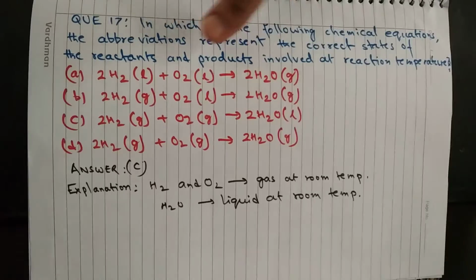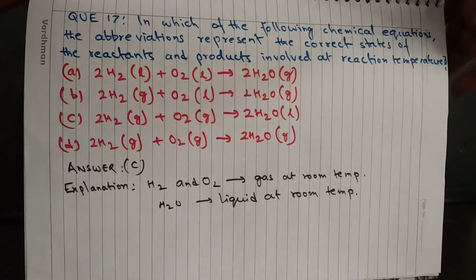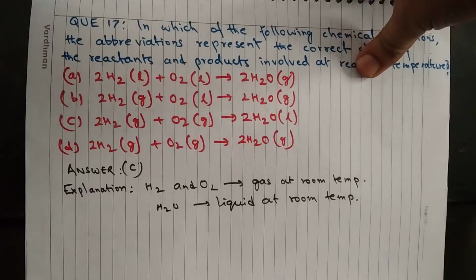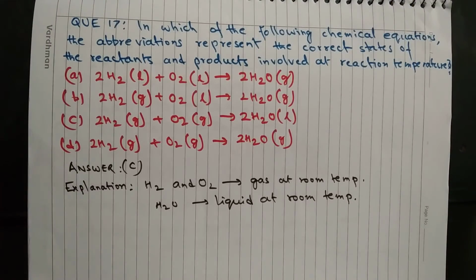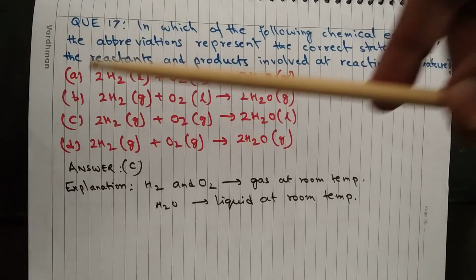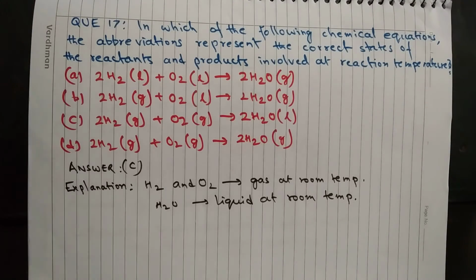Question 17. In which of the following chemical equations do the abbreviations represent the correct states of the reactants and products involved at reaction temperature? The reaction is combination of hydrogen and oxygen to give water. So it is 2H2 plus O2 is equal to 2H2O.